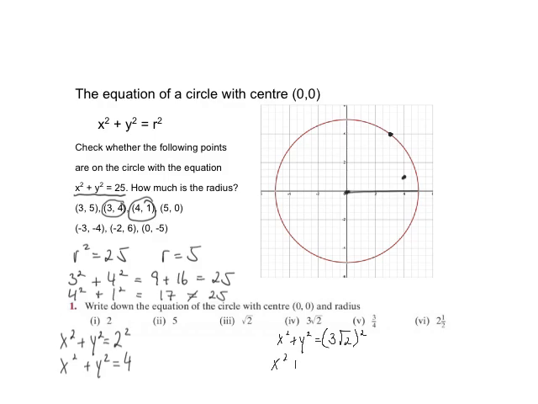So x squared plus y squared would then be 3 squared times root 2 squared, which gives us 9 times 2, and it is 18. So the equation of a circle with a center 0, 0 and a radius of 3 root 2 is x squared plus y squared equals 18.